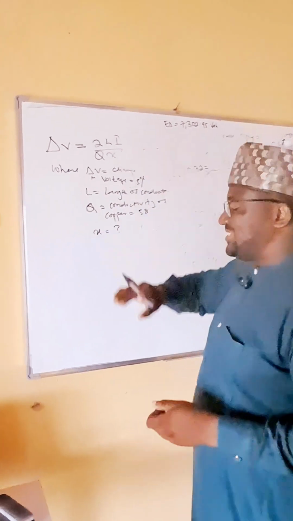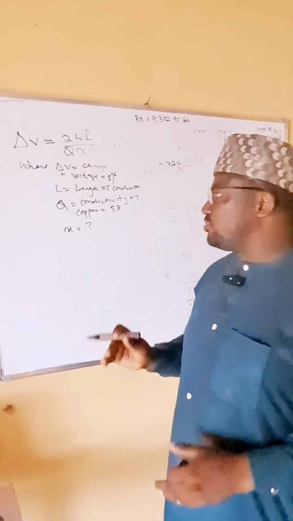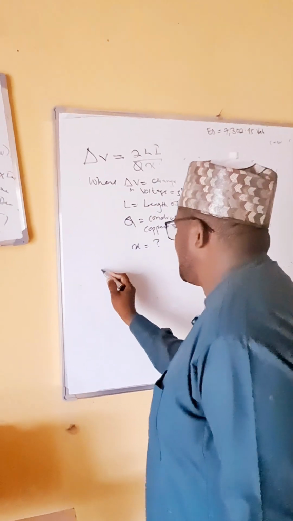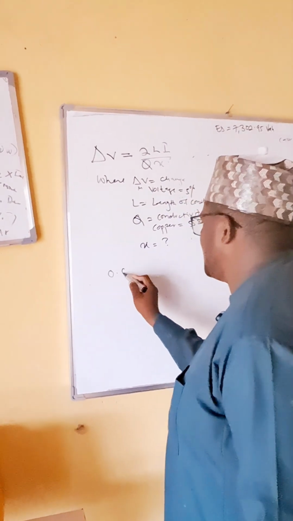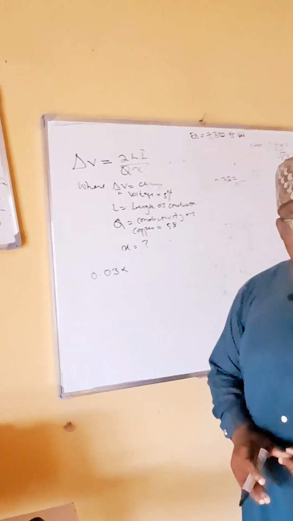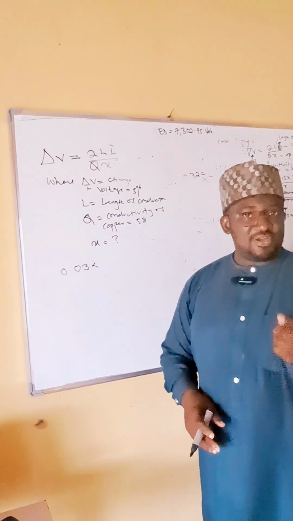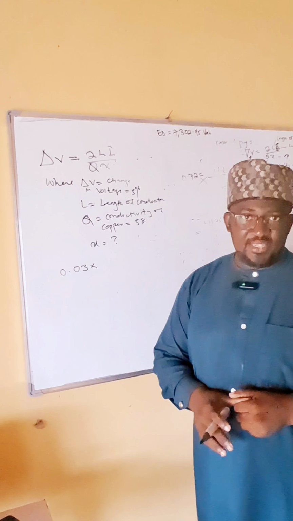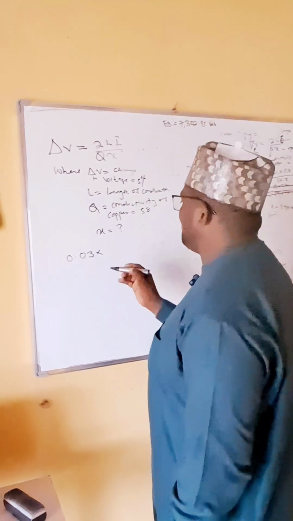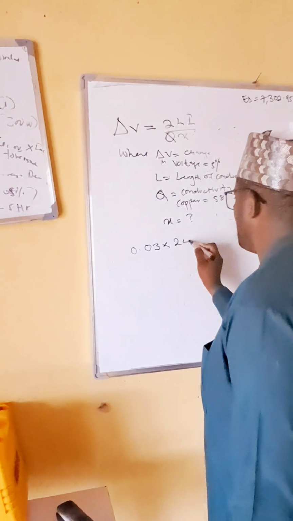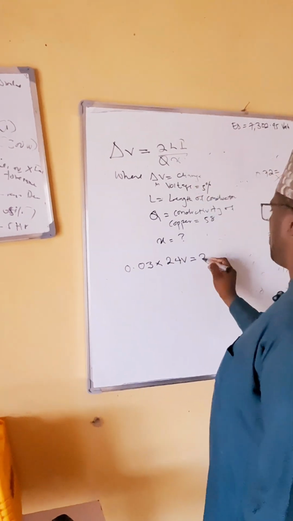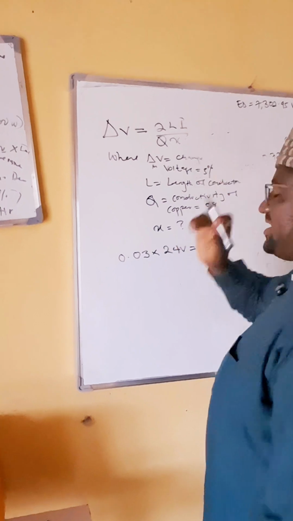For us to get the diameter of the cable to be used, we say the change in voltage is 3%, which is the same thing as 0.03 times the system voltage we are dealing with. If you can remember, our inverter is 3.5 kVA, which has a system voltage of 24 volts, which means we say times 24 volts is equal to 2 times the length of the cable.